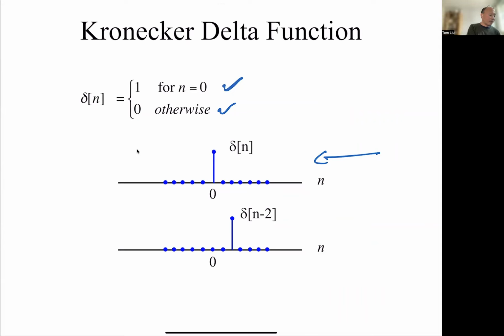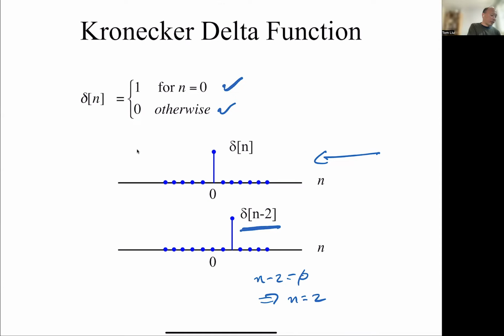Now, it's also going to be helpful to have shifted delta functions. So for example, this is a picture of delta of n minus 2. And so this has value when n minus 2 equals 0, or n equals 2. We're going to deal with lots of shifted functions in this course, so it's useful to get comfortable with them. Sometimes students get a little confused.